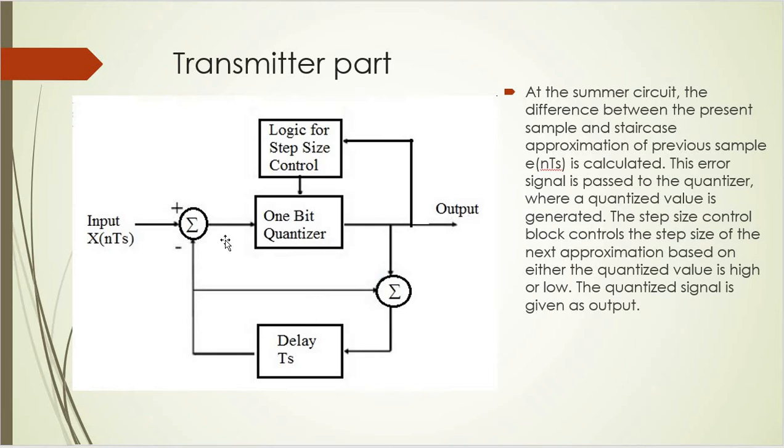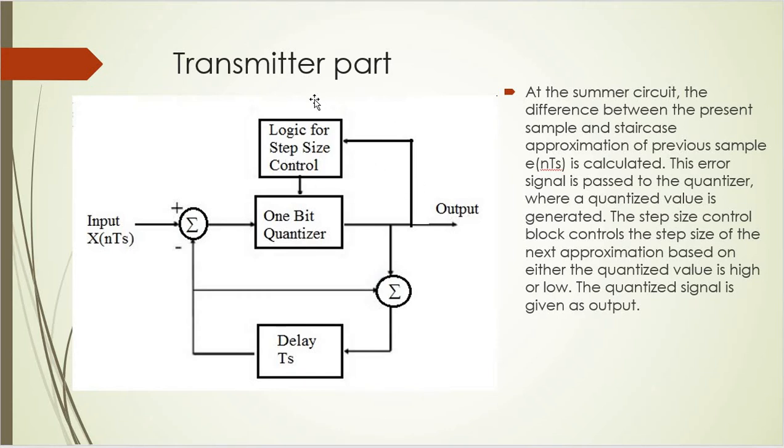Here in this case, the step size of the signal will increase or decrease depending upon the output of this 1-bit quantizer. The 1-bit quantizer output is connected to the logic for step size control. If the 1-bit quantizer output is high, the step size will increase, and if the 1-bit quantizer output is low, the step size will decrease.